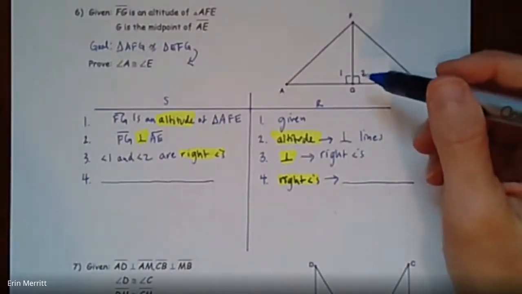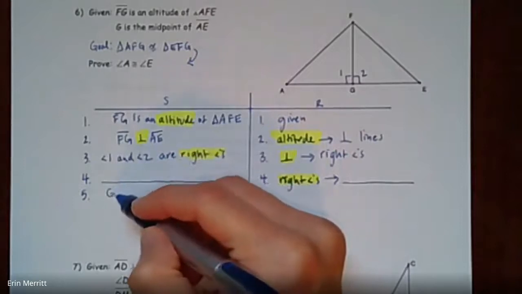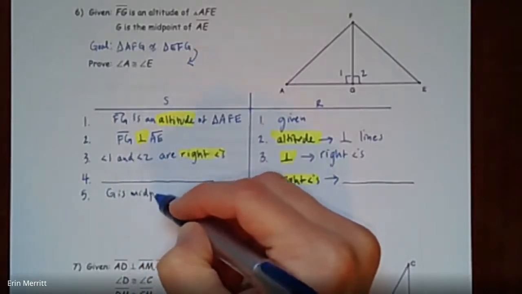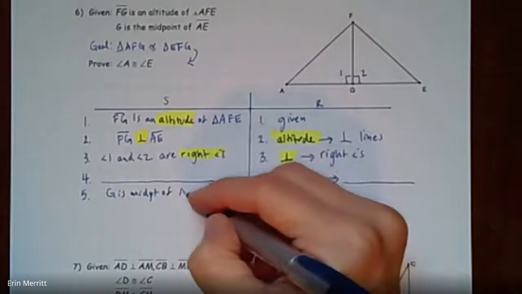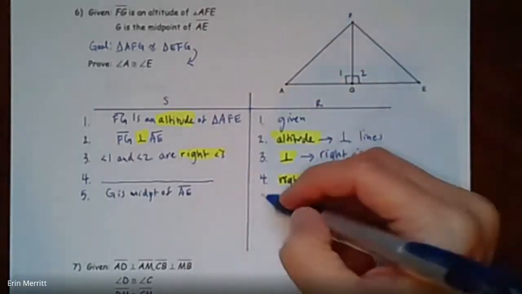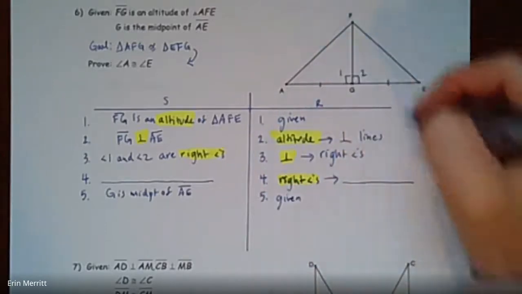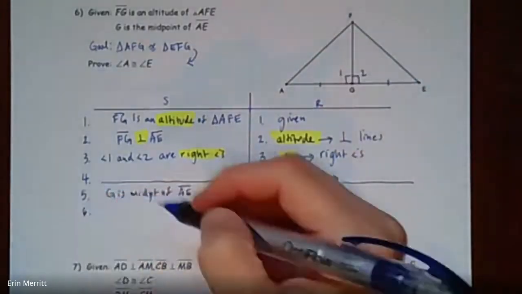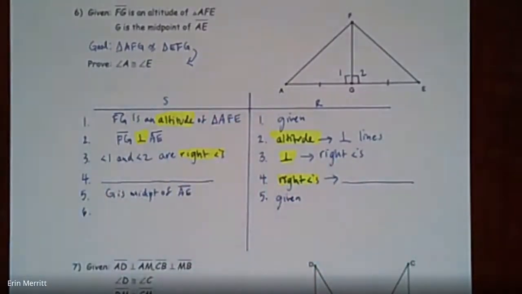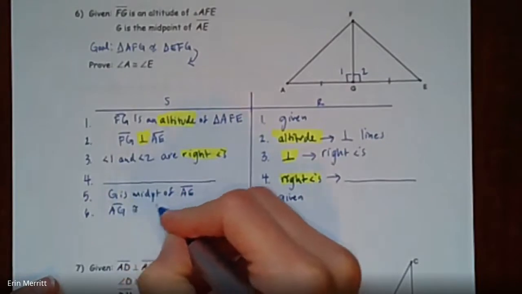Let's see, what else do we have to work with? We have step 5, that G is the midpoint of AE. And so if G is the midpoint of AE, well, because it's given, then I'm going to get some congruent segments here. So step 6, I'm going to get that AG, I had it written small here, is congruent to GE.